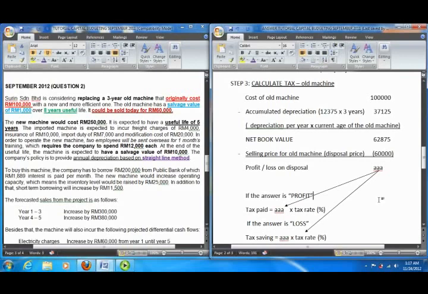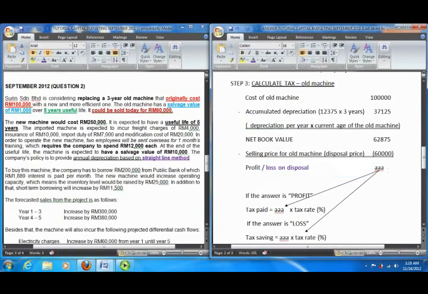So the balance is 62,875. Means that the value of your old machine, another 5 years, is 62,875. However, you only sell your old machine, your disposal price, 60,000 only. Means that, class, you lost on your disposal.